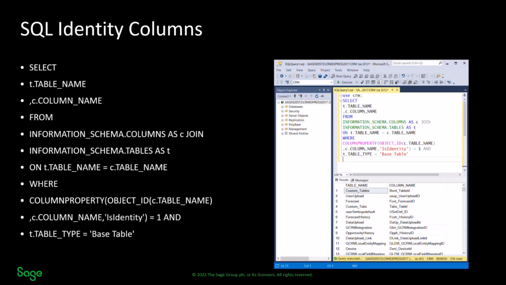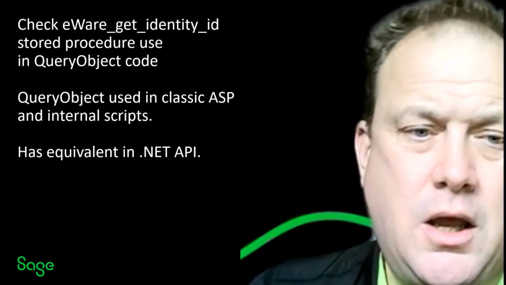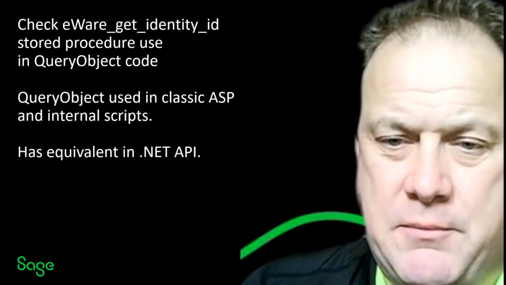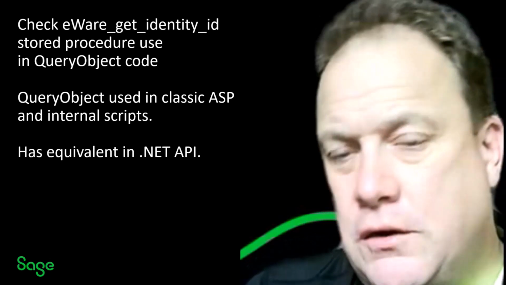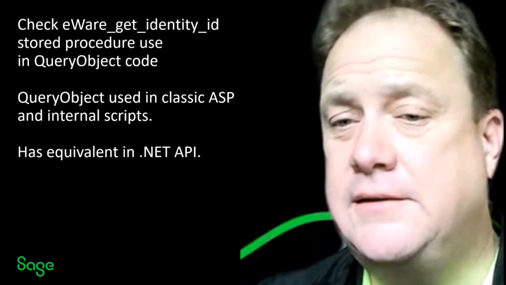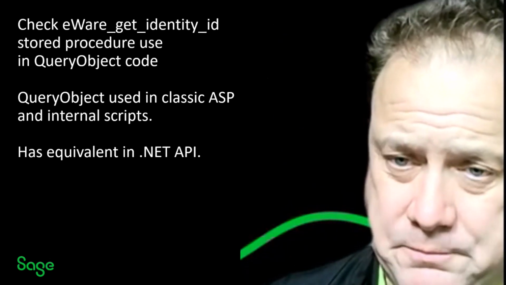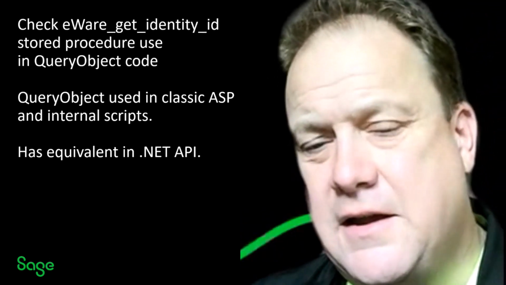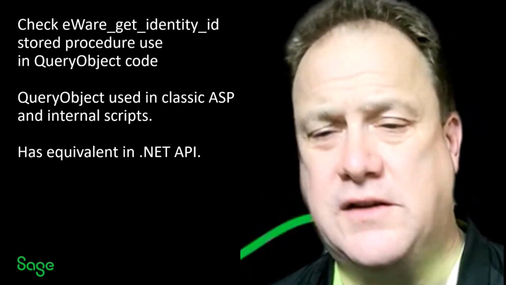So it changed before version 7.1. Sage CRM used to work in a different way. It used to use a stored procedure to generate the unique identifier for every record. Now, it did this because it used a disconnected client.